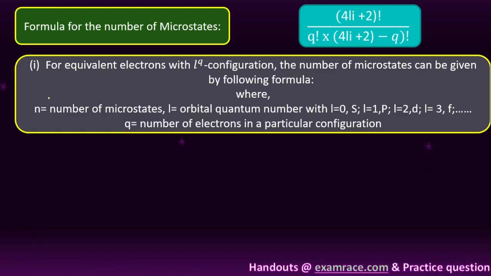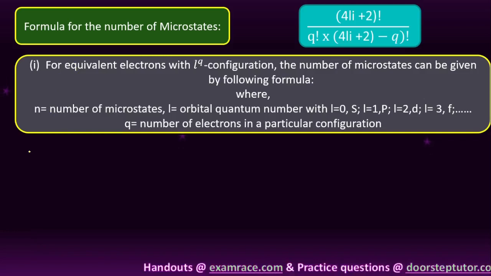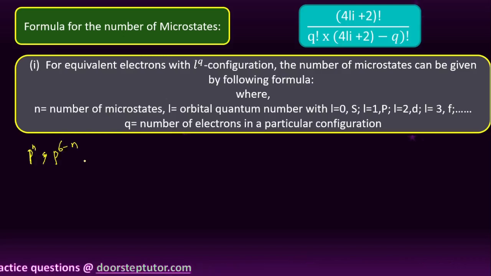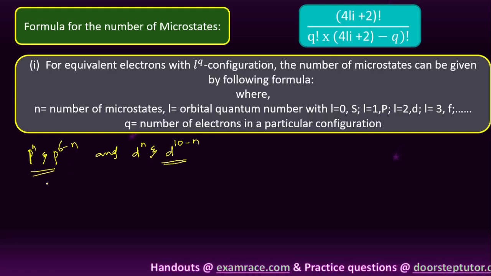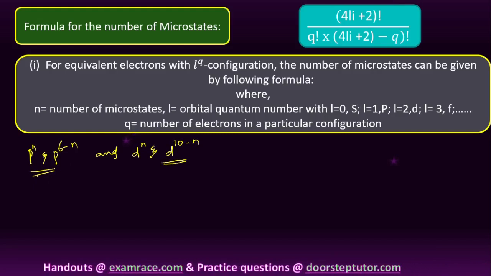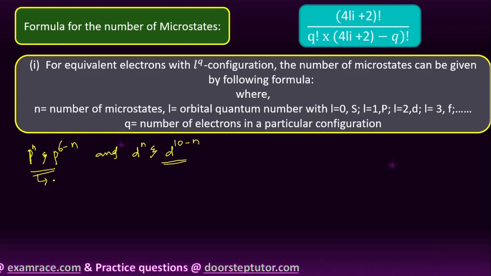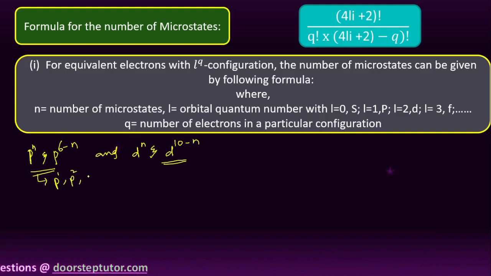Generally this formula is applicable for the configurations p to the power of n and p to the power of 6 minus n, and d to the power of n and d to the power of 10 minus n. For p^n and p^(6-n), that is p1, p2, p3, p4, and so on up to p6.